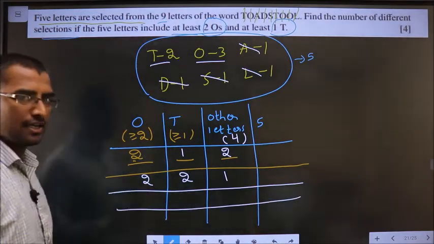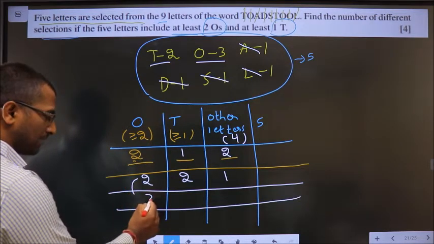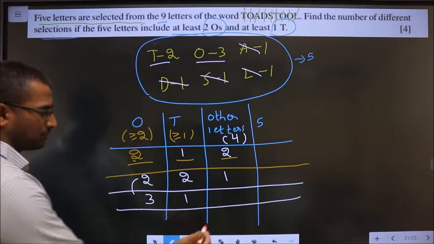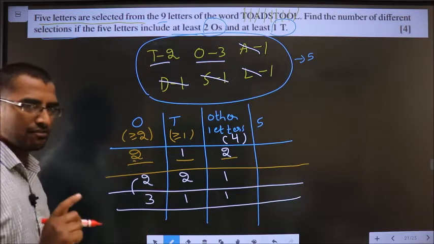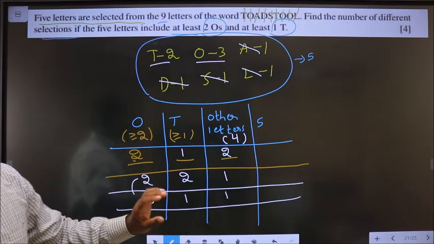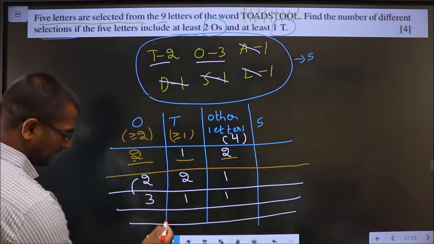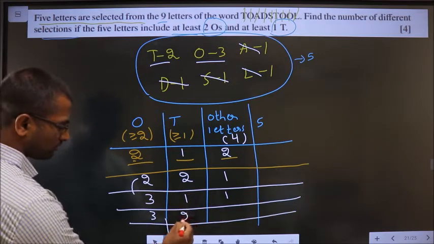Did you understand? Now, I will increase this count to 3 and here at least 1, so I take it 1. So here also it has to be 1, then only the count will be 5. So this set of numbers satisfied the condition. Next, let us say I kept 3 here and I increased this count to 2.